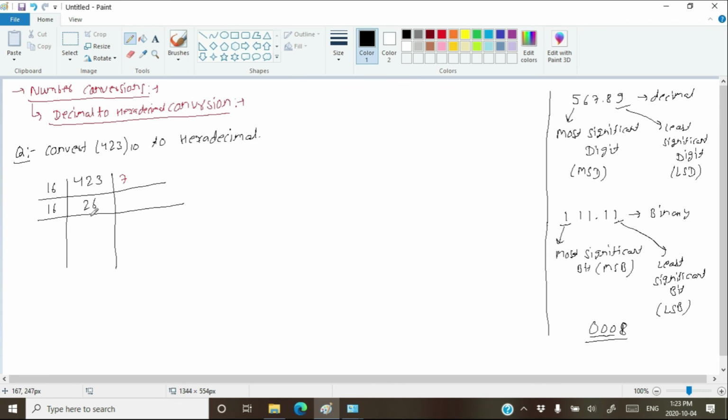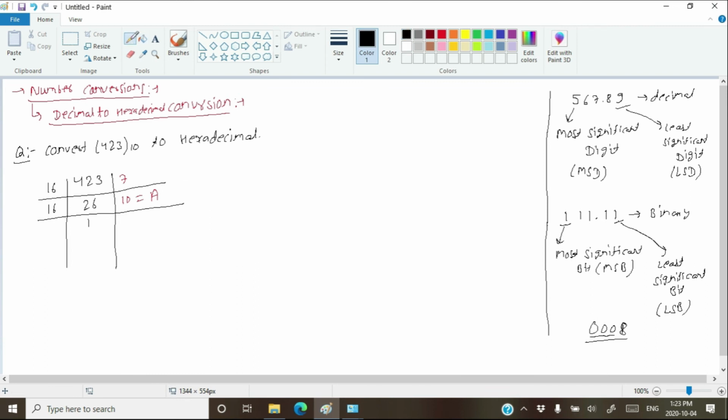Then you divide the latest quotient, that is 26 by 16, and you will get 1 as the quotient and 10 as the remainder. But that 10 can be represented as A in the hexadecimal because we have to convert the number in the hexadecimal. So we got A as the remainder.